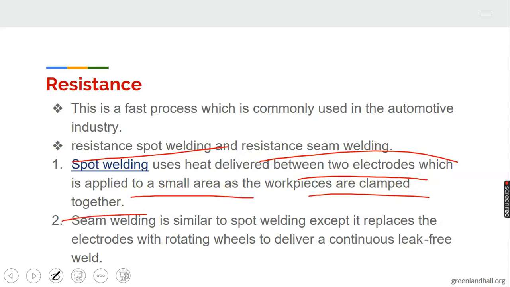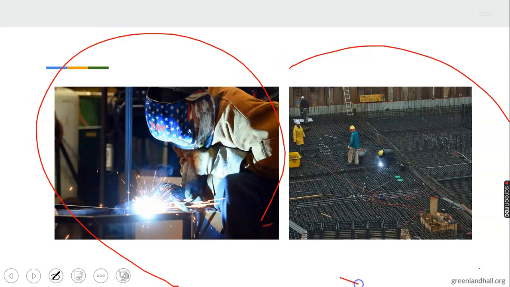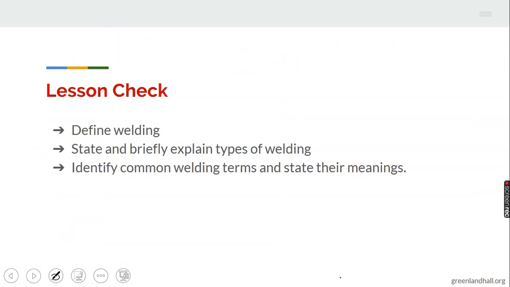Seam welding is similar, but it replaces the electrodes with rotating wheels to deliver a continuous, leak-free weld. Now look at those performing resistance welding.